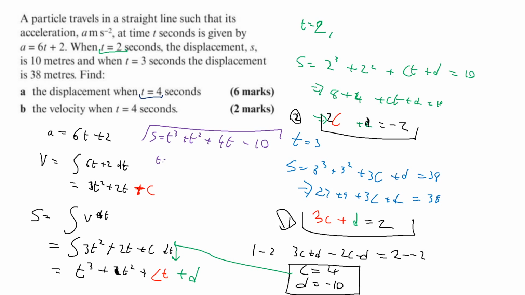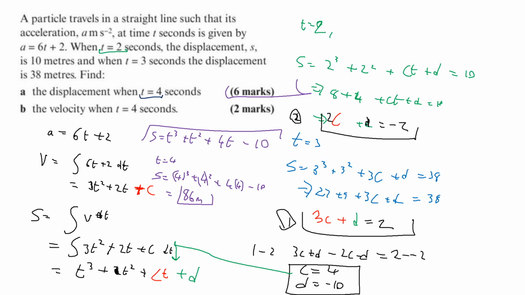So when t is equal to 4, s is equal to 4 cubed plus 4 squared plus 4 times 4 minus 10. And if we plug that into our calculators, we get an answer of 86 meters. Okay? And that is your 6 marks done and dusted.